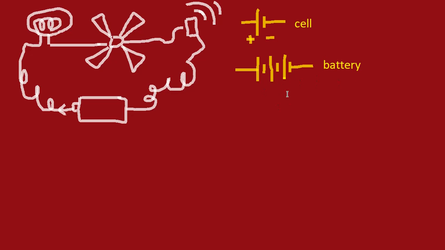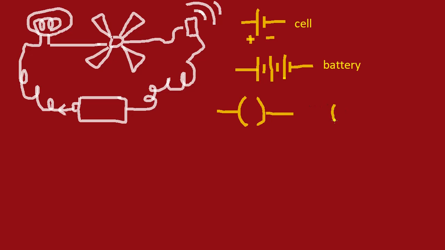We can also show plugs or switches, which are rather called keys. We may have an open plug. An open plug does not allow current to flow through it, so if this is a plug which is open, current will not be flowing through it.